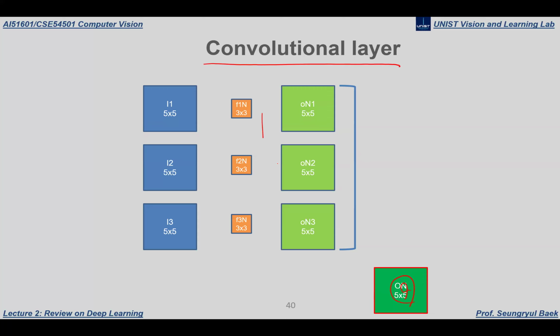The only thing is, by defining more output channels, we have to define more filter corners, okay? So anyway, we can control the number of output channels in convolutional layers.